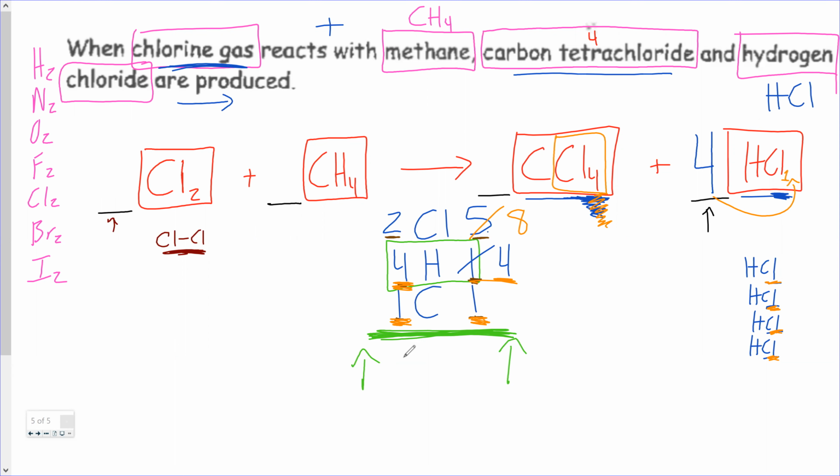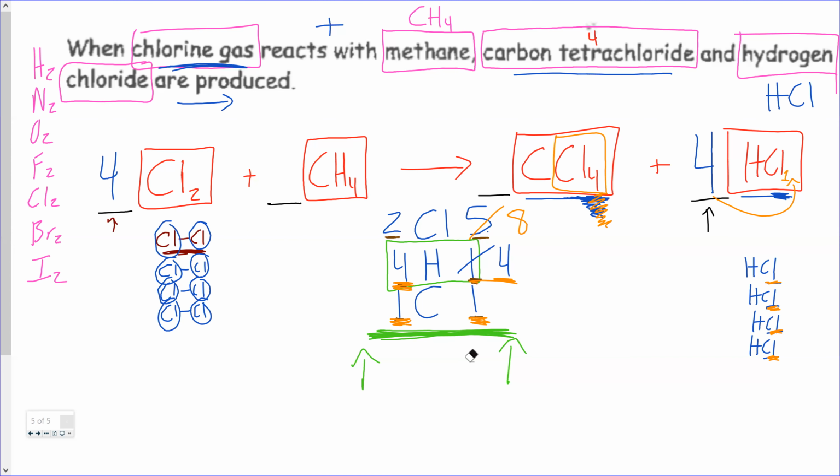Let's try a 4. Let's see what happens if I put a 4. Okay. If I put a 4 there, that's like saying I've got 1 Cl. Here's another Cl. That's 3 Cls. That's 4. That looks like 1, 2, 3, 4, 5, 6, 7.